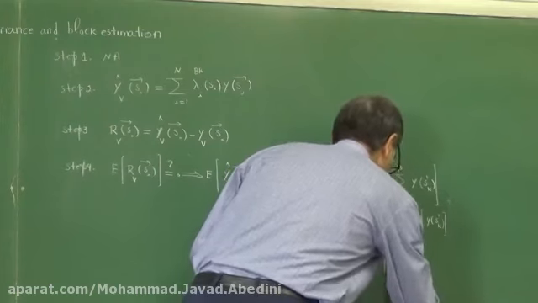Therefore, this term inside the bracket has to be 0. Please pay attention, these are lambda b_k. Therefore, the final output emerging from step 4 is this relationship between coefficients in order to honor the unbiasedness condition.